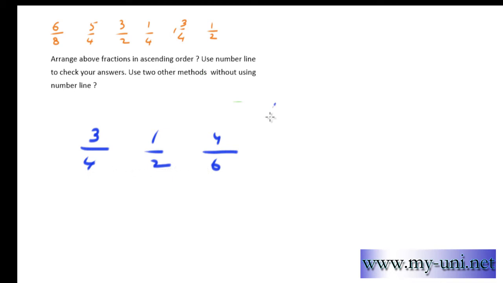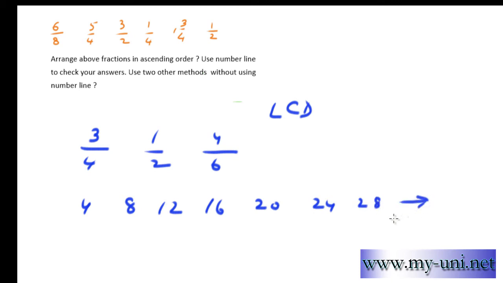You have to find what is known as the least common denominator, and the way to do it is to find the least common multiple of these three numbers. So the multiples of 4 are 4 times 1 is 4, 4 times 2 is 8, 12, 16, 20, 24, 28, and we can go on and on in this direction.